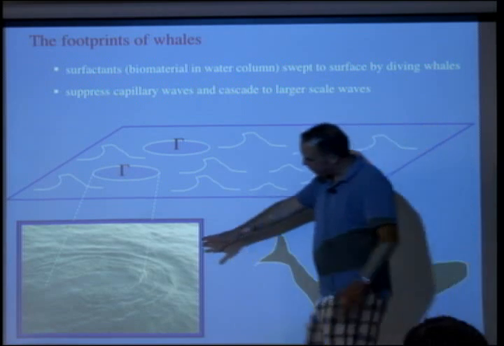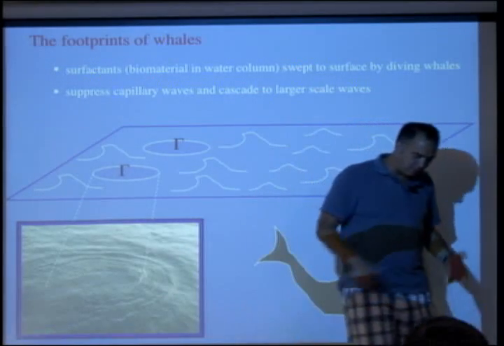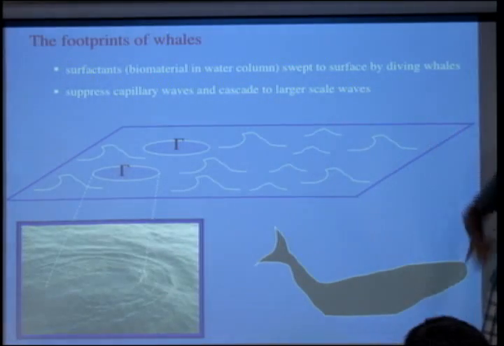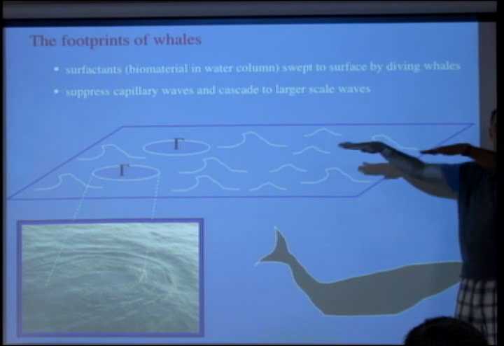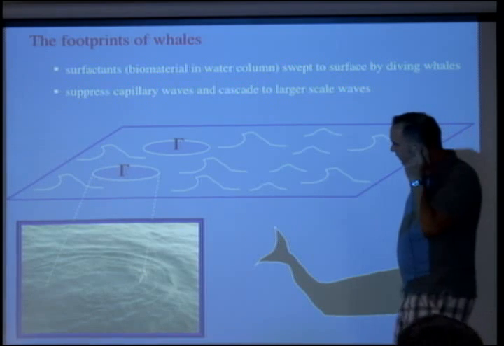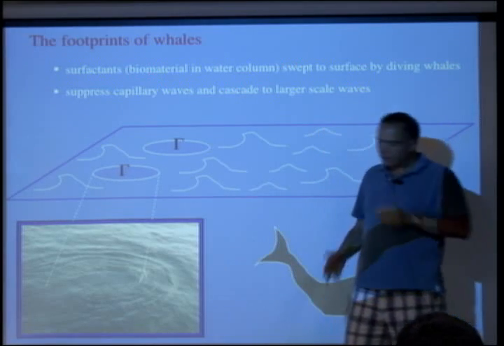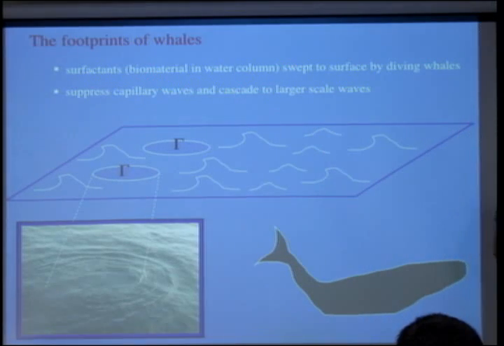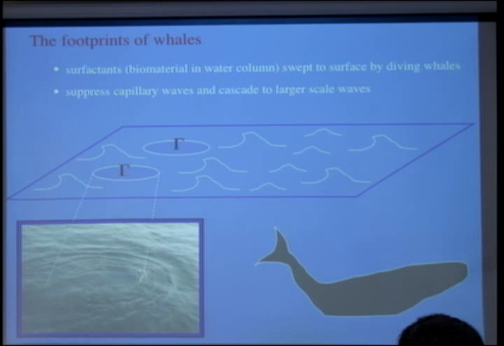Here, the ocean was relatively flat, but I've been out on days where there were big swells, several meters, and nevertheless you get these very glassy regions with no capillary waves on them. Again, it's the sweeping up of biomaterial and associated suppression of the capillary waves, through this Marangoni elasticity.